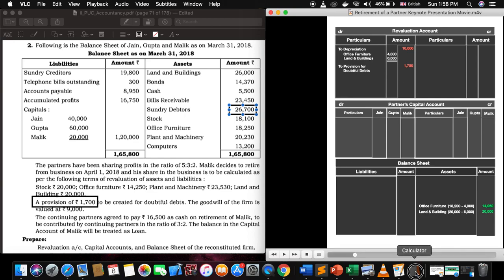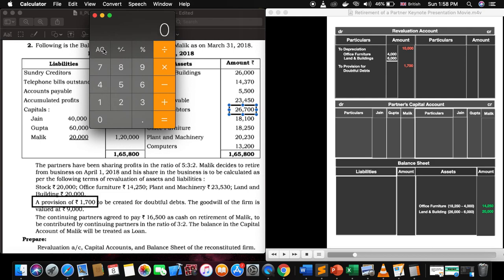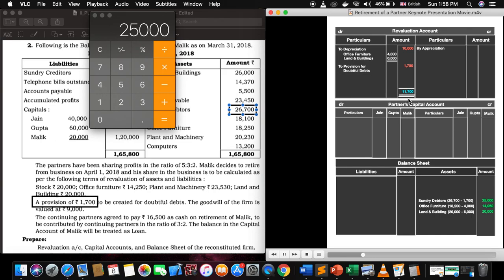So we'll take the calculator, 26,700 minus 1,700. So 25,000 is what we're going to write it in the balance sheet in the outer column. 25,000. Okay. Now let's go back to that, and we'll total this up. There's no more entries to debit. So 11,700. Let's come to the credit side of it.